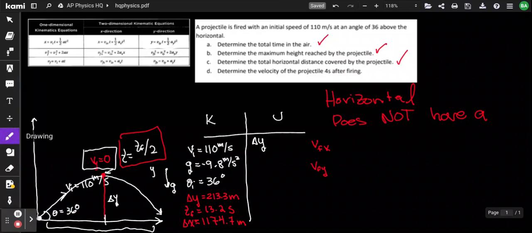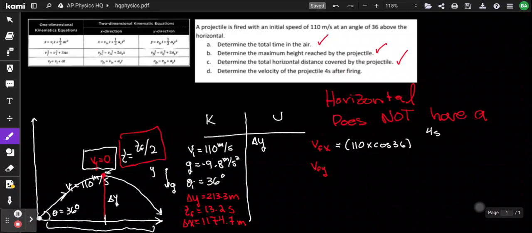And we have our time, which is going to be 4 seconds. We know the acceleration in both the x and y component, and we know our initial velocity. So we can use the last row in our equation. It says that final velocity is equal to the initial velocity, which in the x case is 110 times cosine of 36, plus acceleration times time.